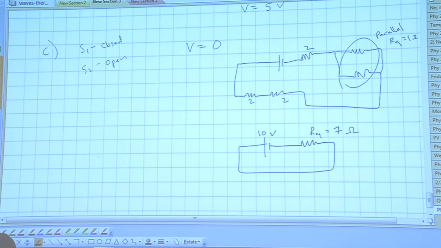And so what's our current? What do we get? 1.4-ish?